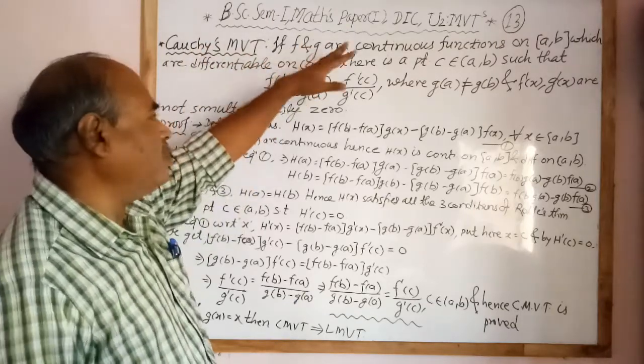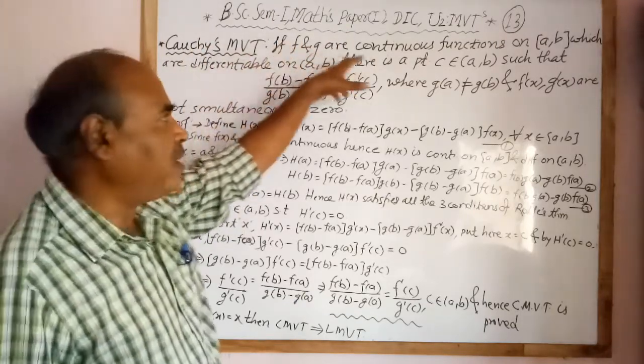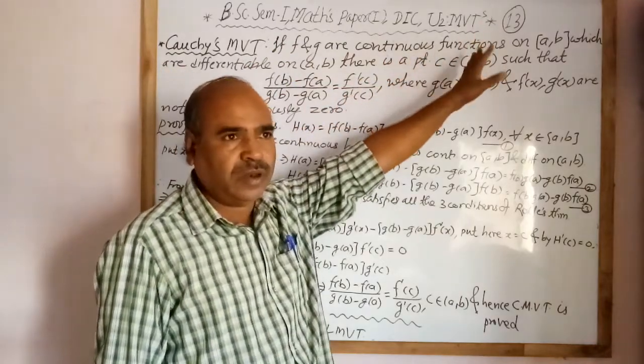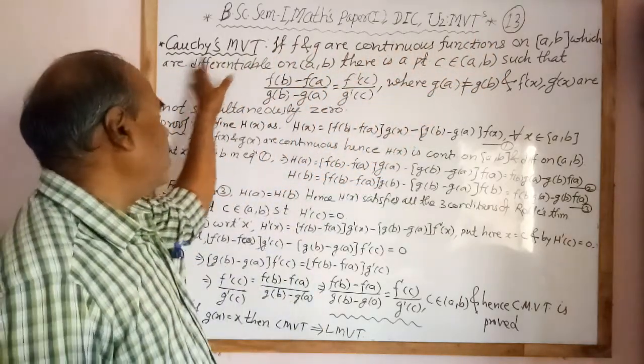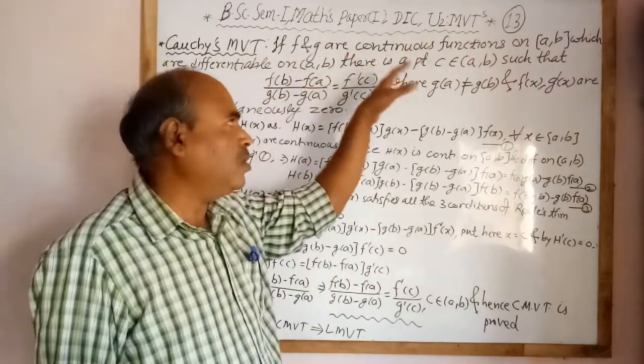The statement of the Cauchy's mean value theorem is: f and g are continuous functions on the closed interval [a, b] and are differentiable on the open interval (a, b).